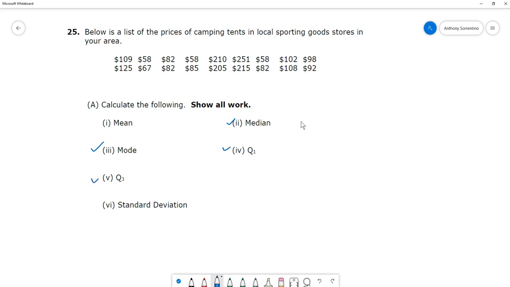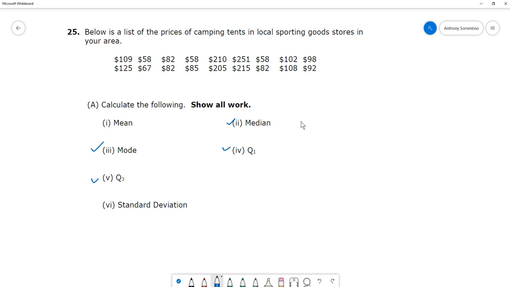The reason is so you can tell which one's the smallest, largest, where the middle would be. If I want to know the seventh highest term, you could point that out. And if you have them in order, it's easier to figure out the mode because you can see the one that appears the most often.